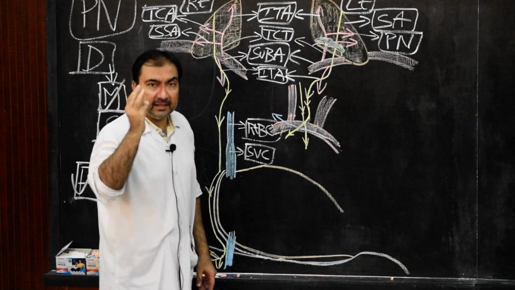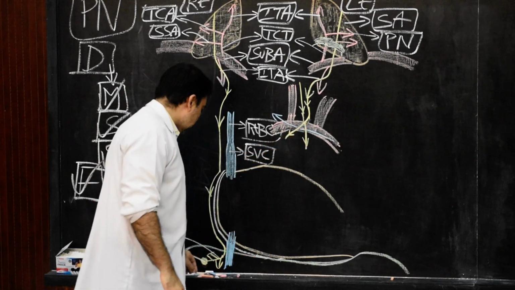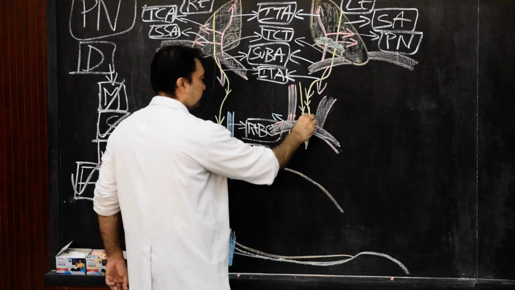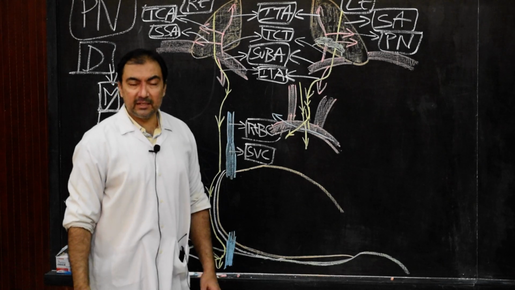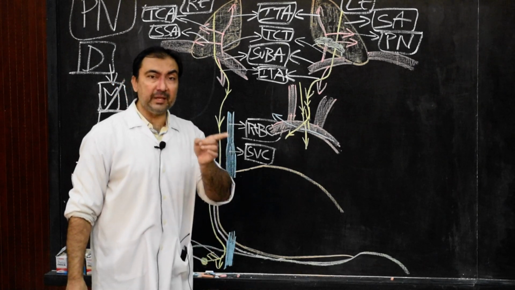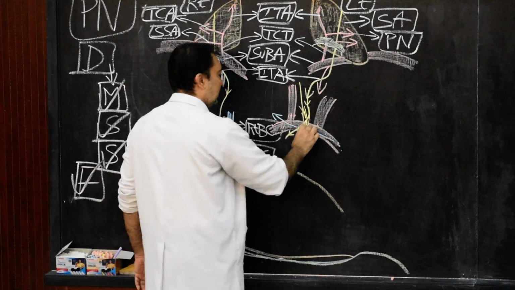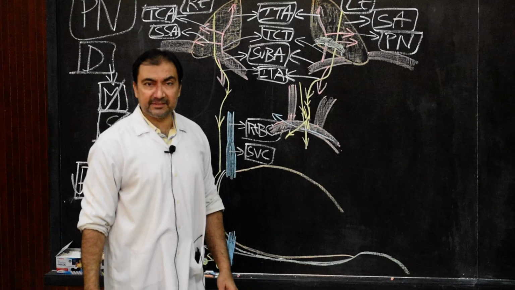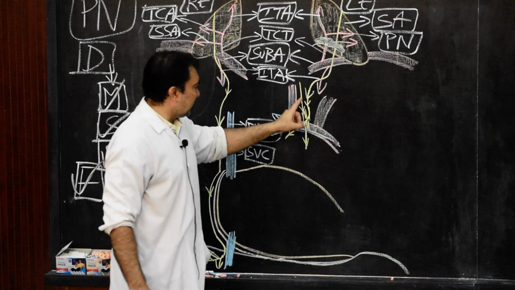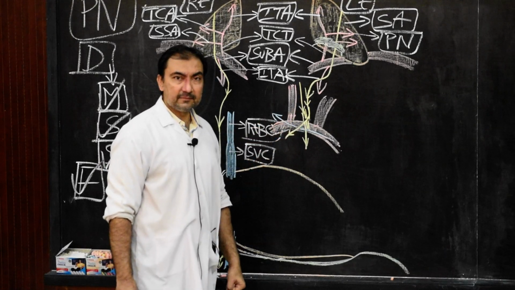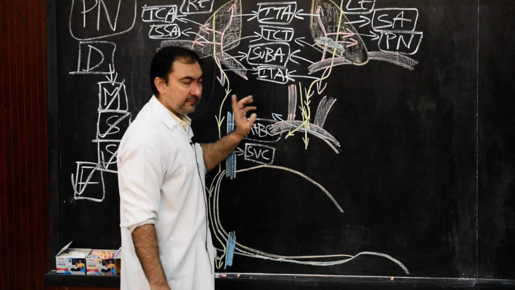So once again I will repeat: the left inferior cervical cardiac branch of the left vagus nerve, that is one; the left superior cervical cardiac branch of the left sympathetic chain; and the left vagus nerve. These three nerves are separated from the left phrenic nerve by the left superior intercostal vein.